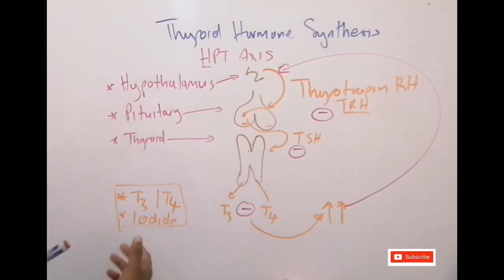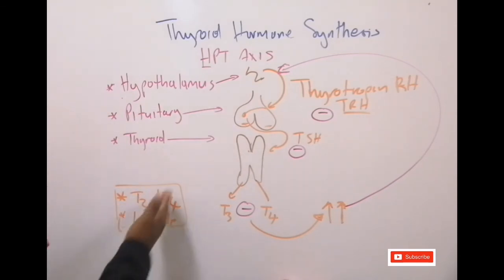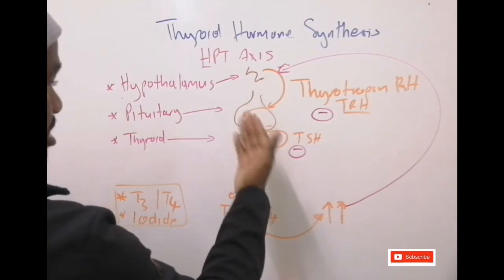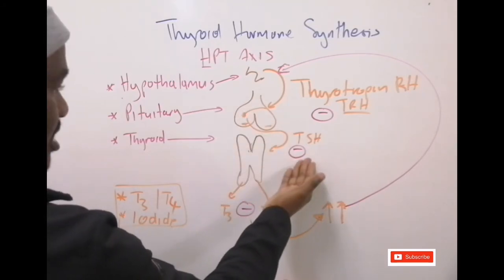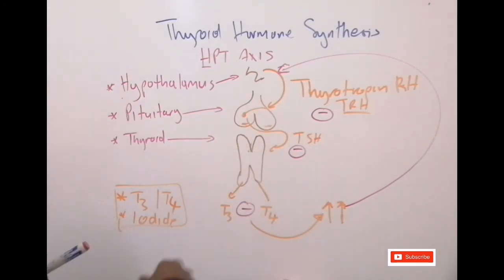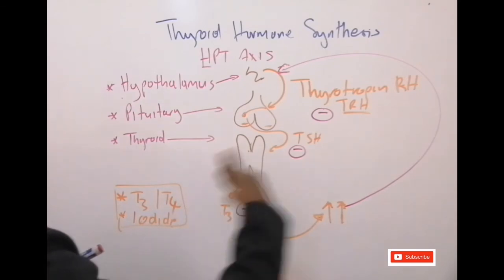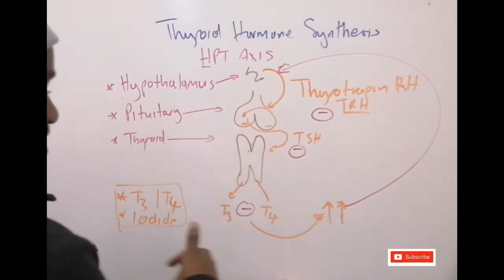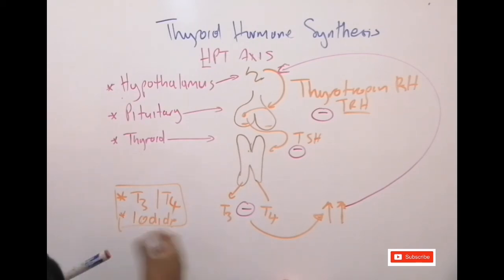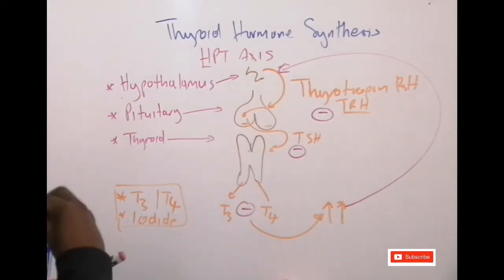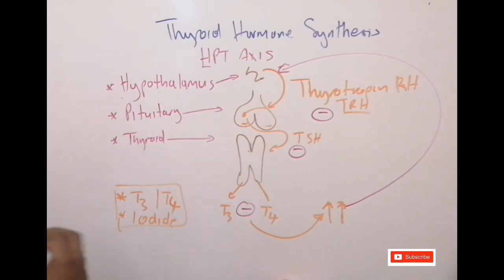You get to a state where you've got low T3 and T4, the hypothalamus picks it up and releases TRH, TRH causes the release of TSH, and then TSH causes the release of T3 and T4. Once this gets to the other side and becomes high again, a negative feedback mechanism will be stimulated, and the hypothalamus will again be inhibited. That's what is called a negative feedback mechanism.